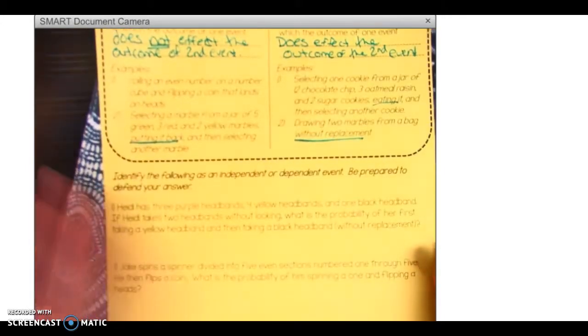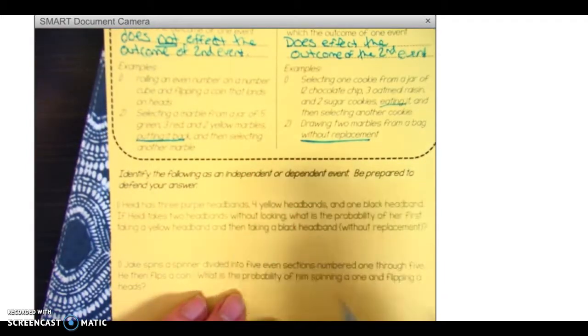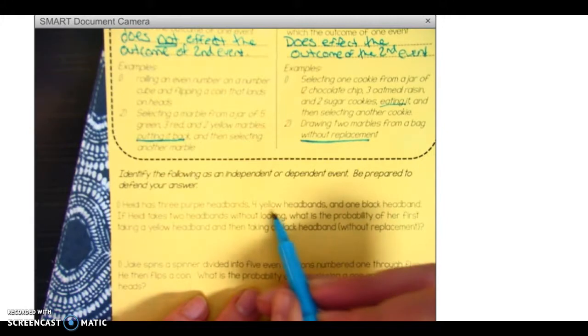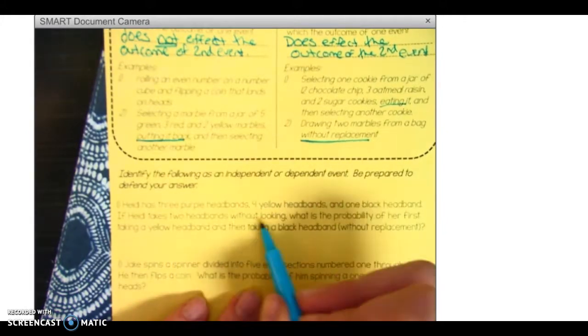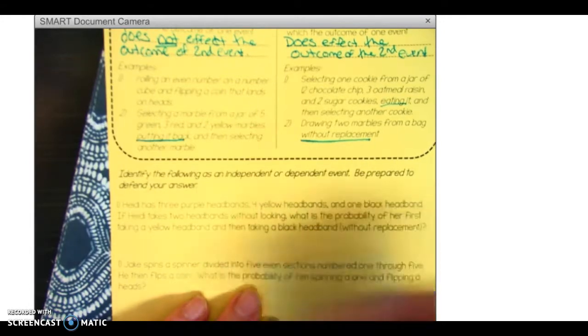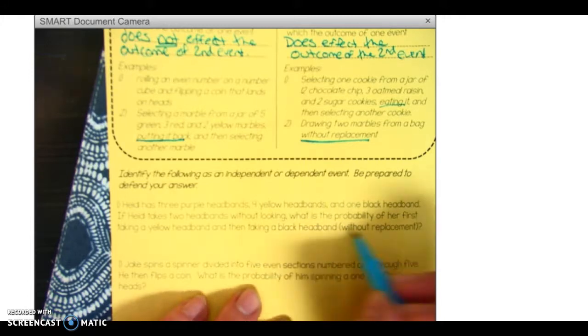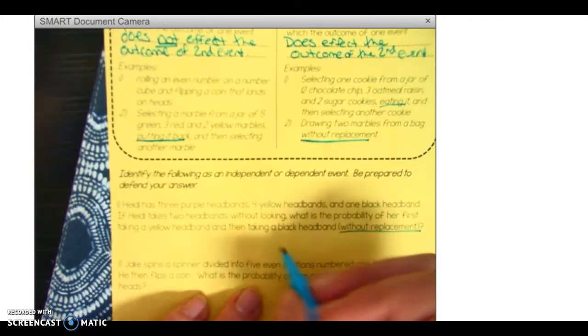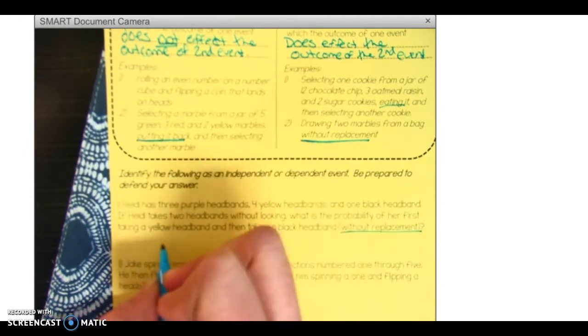So what we're going to do here is identify whether it's dependent or independent. Heidi has 3 purple headbands, 4 yellow, and 1 black headband. If Heidi takes 2 headbands without looking, what is the probability of her first taking a yellow headband and then taking a black headband, again without replacing? So she has 4 yellow and 1 black, so she has a total of 5.